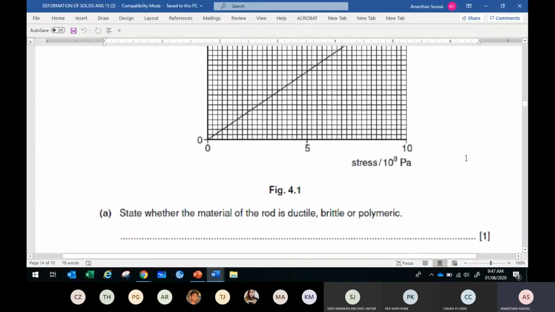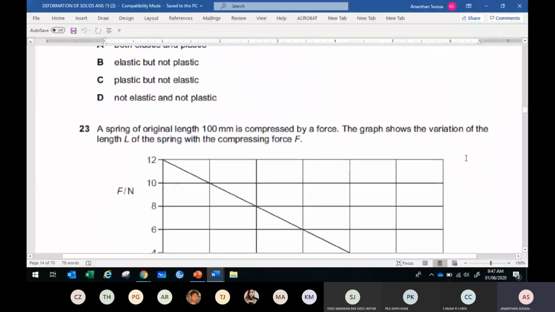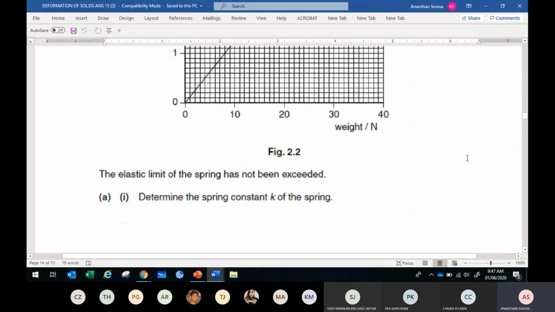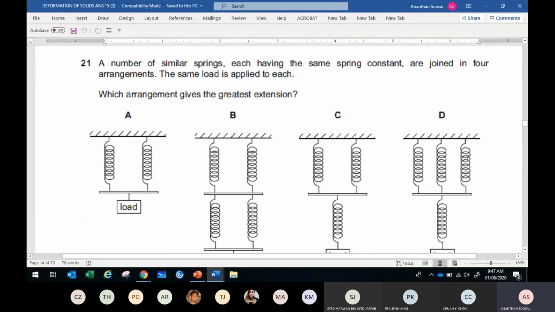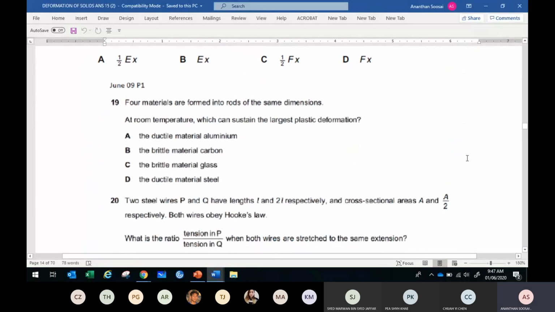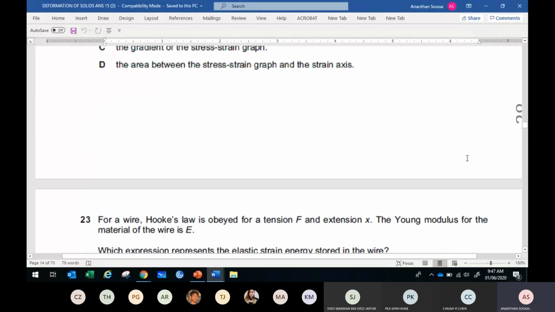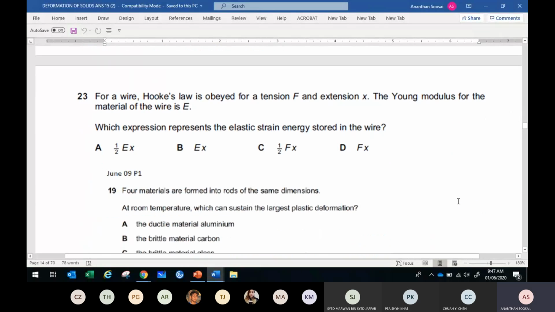Okay, last question for today. Page 28, question 23.